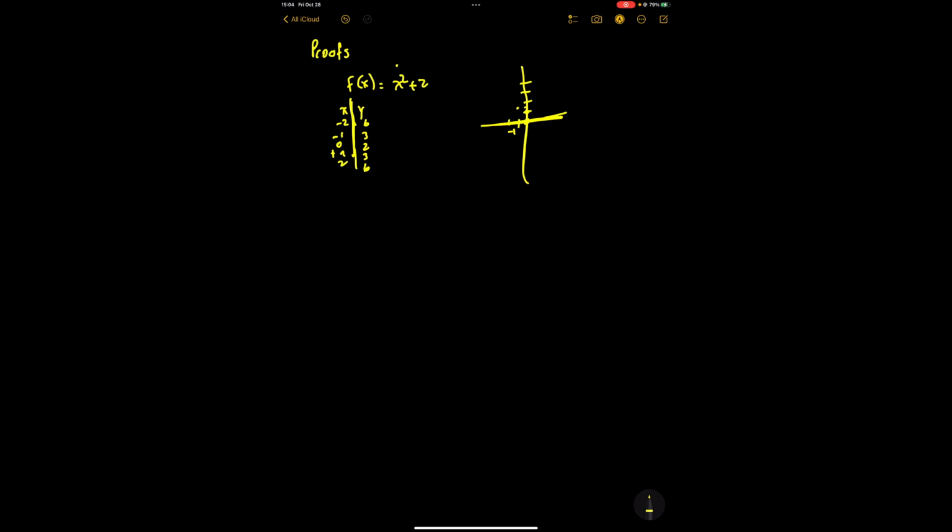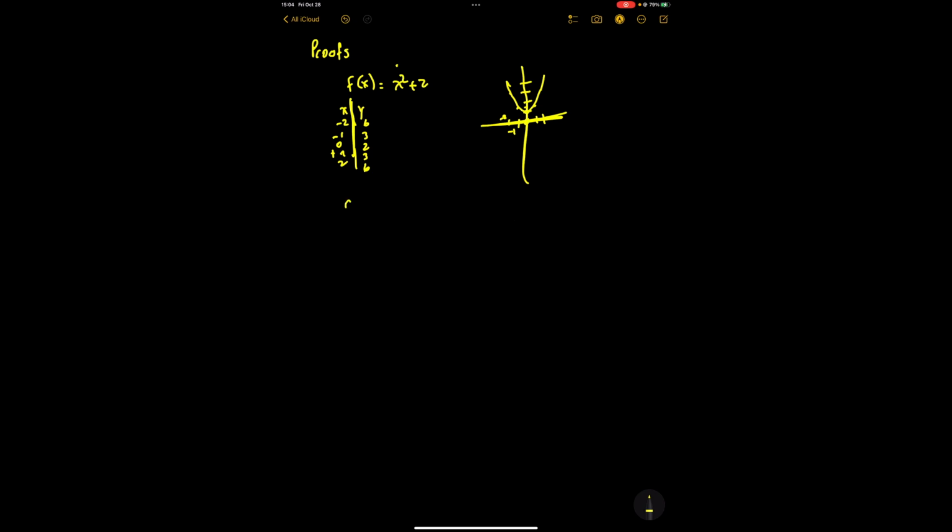At -2, y is equal to 6. That's 2, 4, 6, right here. At 1, y is equal to 3, that's right here. And at 2, y is equal to 6, that's right here. So you can see this is how it would look, and it goes up by 2. So that's why it goes up by 2.